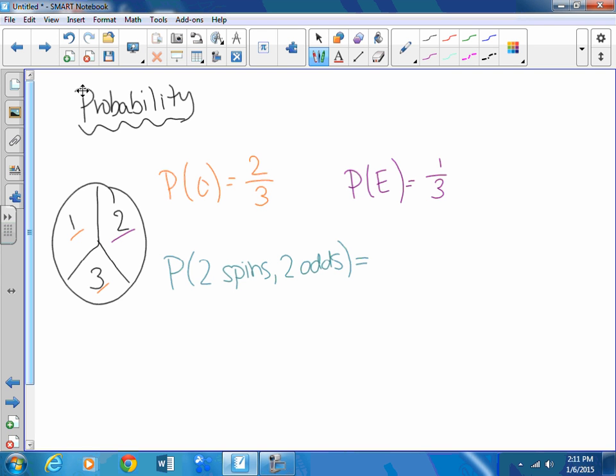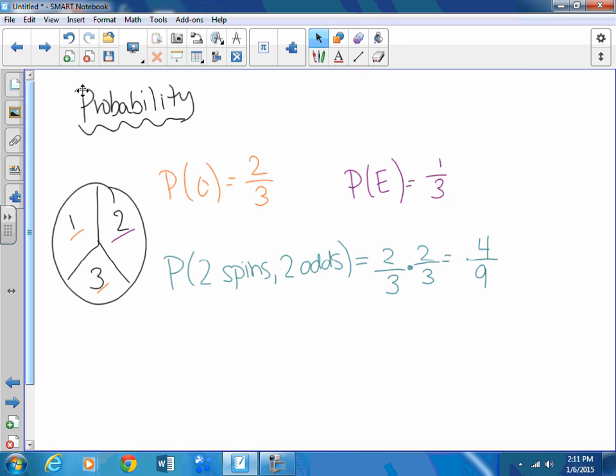What's the probability of getting an odd on my first spin? That's 2/3. Then I think about my second spin. What's the probability of getting an odd on my second spin? That's also 2/3. These are independent events. What happened on the first spin does not impact what happened on the second spin. So that's just going to be 4/9.